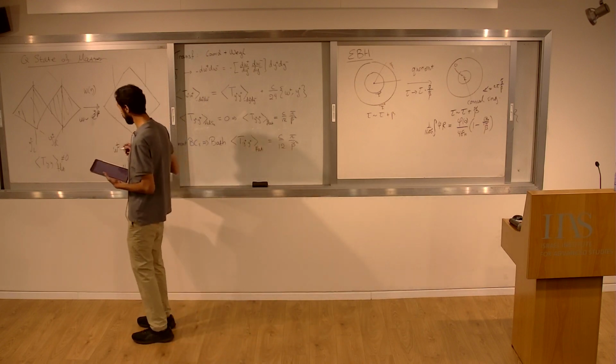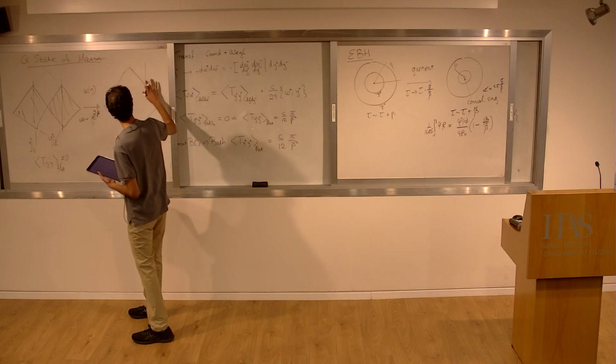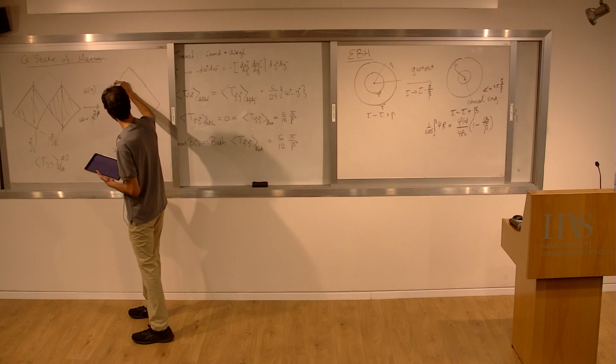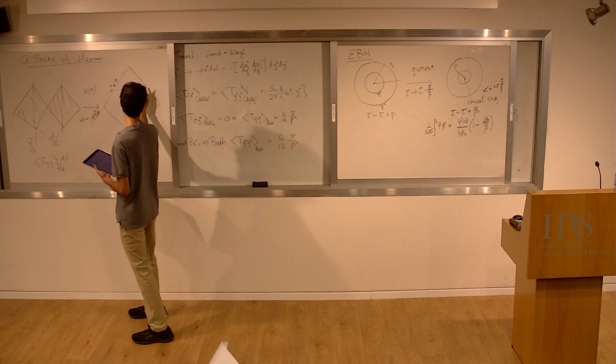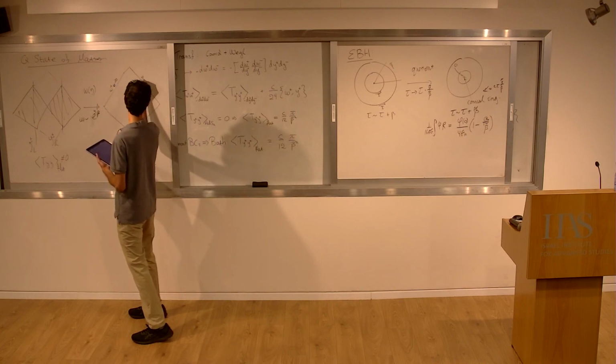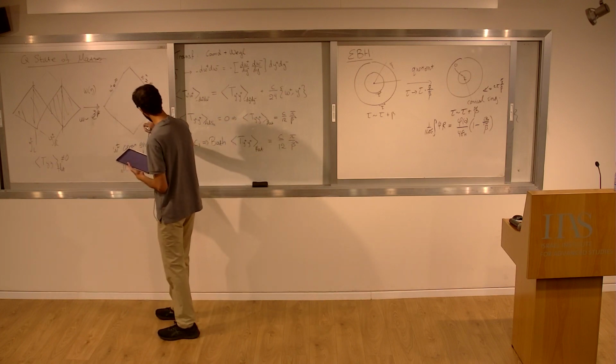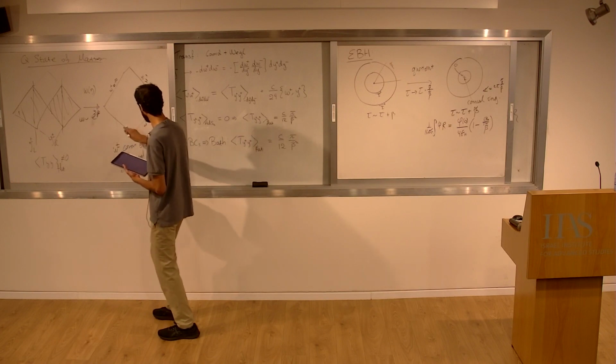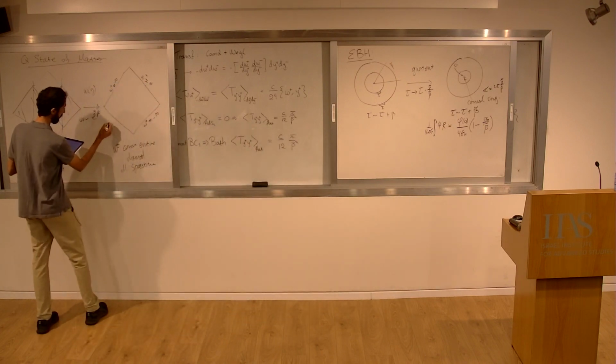And that's going to be important. Let me erase that. Sky plus here corresponds to w plus being infinity. Sky plus here corresponds to w minus being infinity. W sky minus here is minus infinity. And this is w minus equals minus infinity.